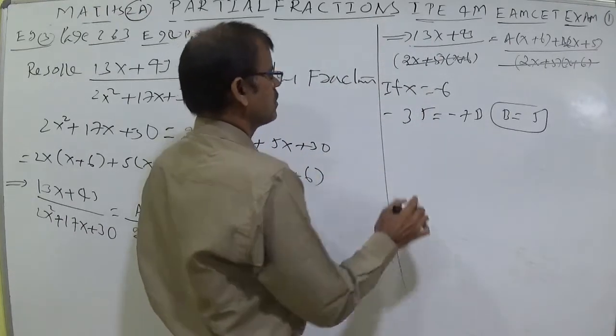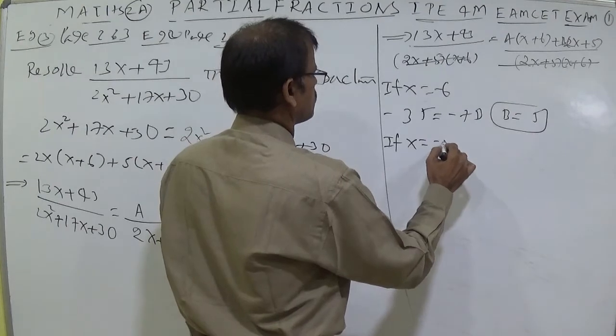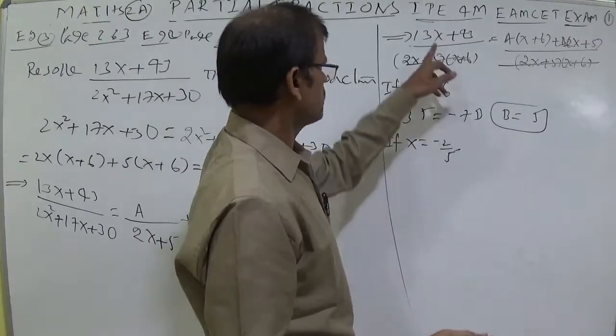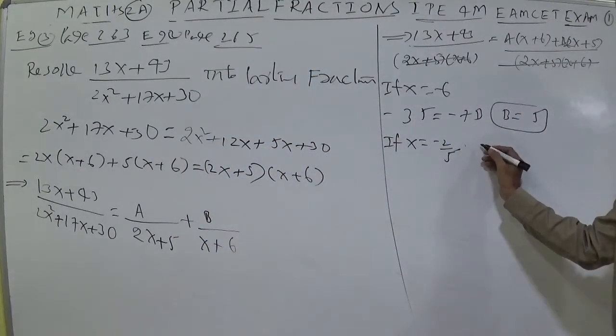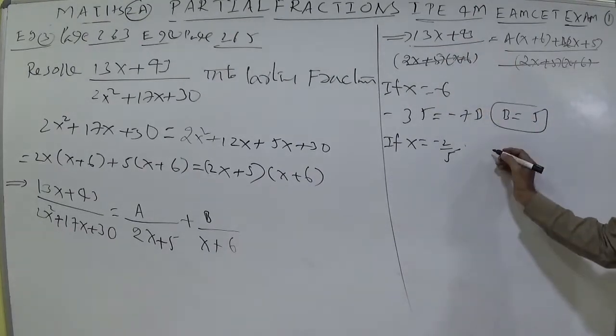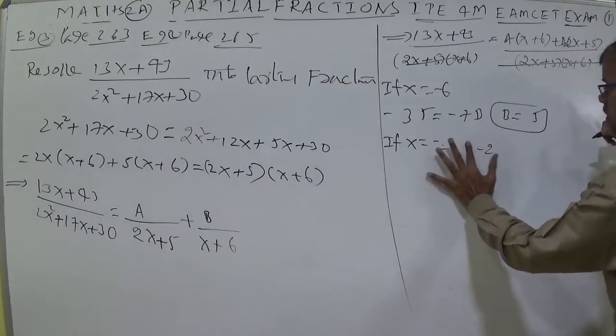B value we got. Now in the next step, if x is equal to minus 2 by 5, substitute here. Sorry, minus 5 by 2, students. This is minus 5 by 2, not minus 2 by 5.